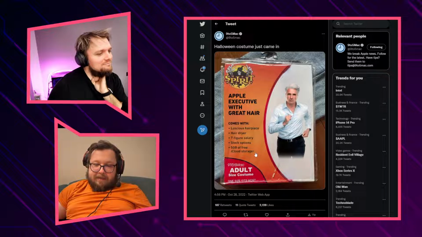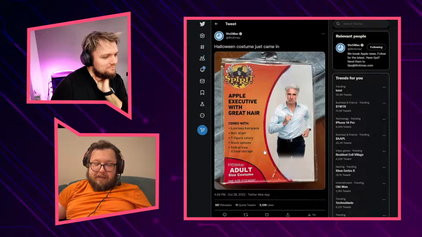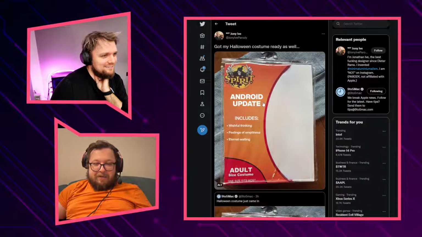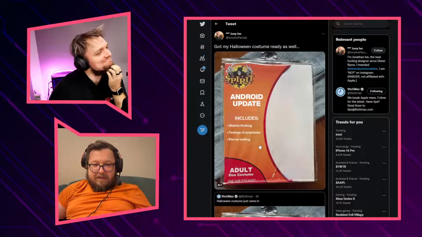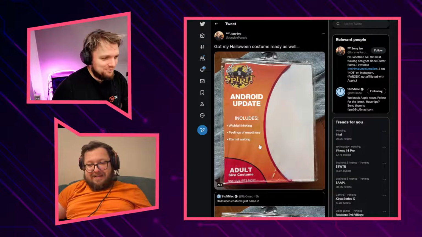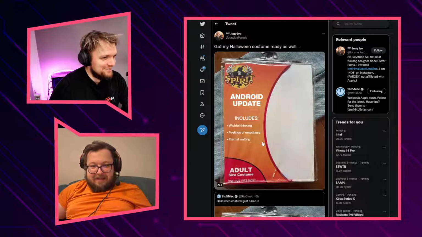And 5 GB of free iCloud storage, by the way, also. They paid 8 million euros for the 5G license. Well, yeah. Wouldn't it make more sense to want more people to use your 5G then? To compensate? Yeah, also the Android update is out. Includes eternal waiting, feeling of emptiness, and wishful thinking. So this is pretty much the meme of the internet right now.